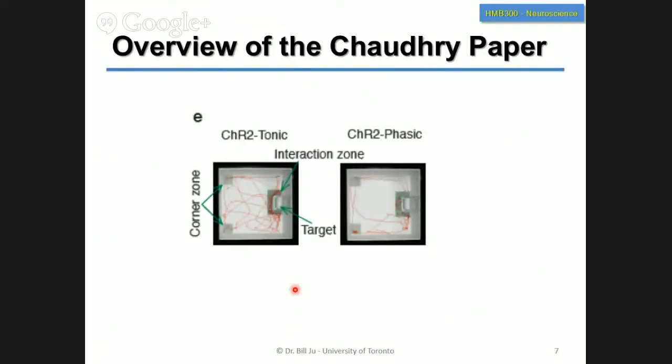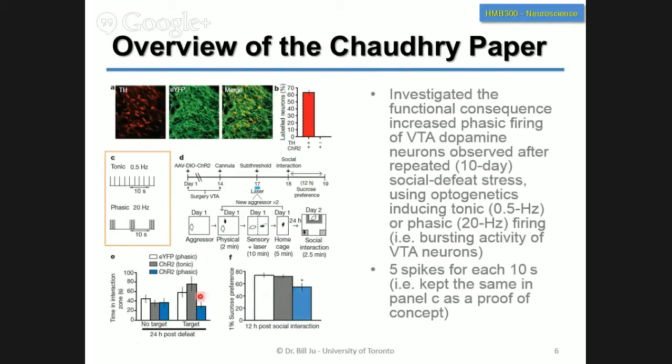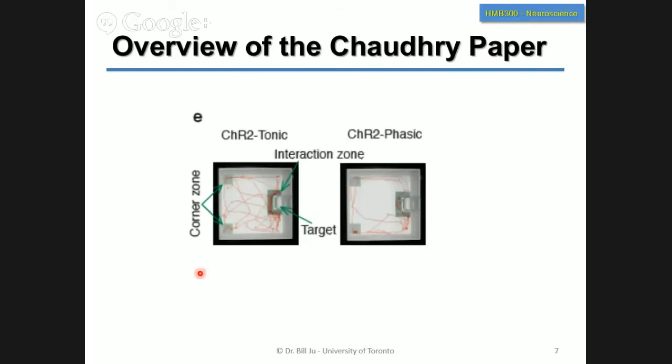And again, what they're measuring in that previous panel is that if you are depressed, following this sort of social defeat after 10 days you would see this, or after optogenetics you would see this. If this is the interaction zone, they don't really interact at all. They get to see where the mouse is.